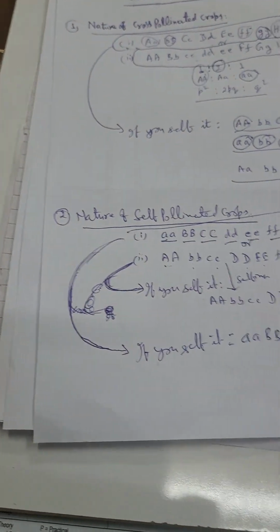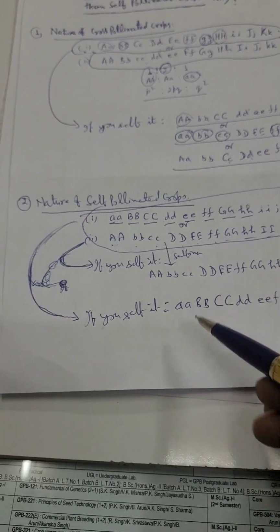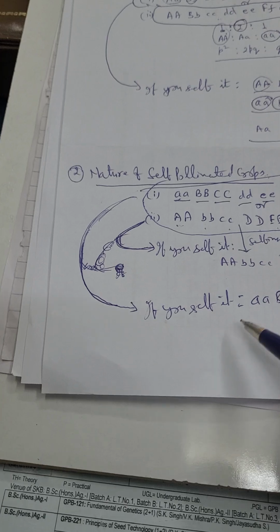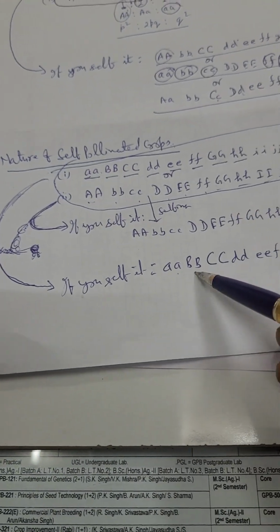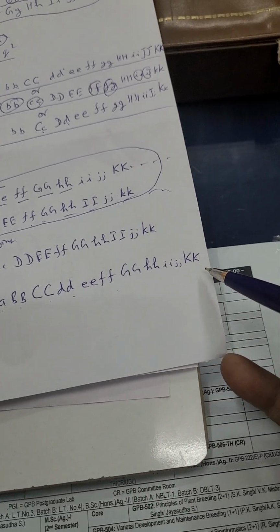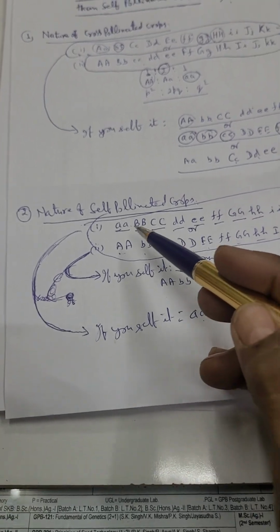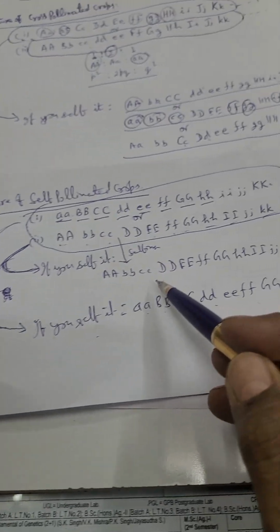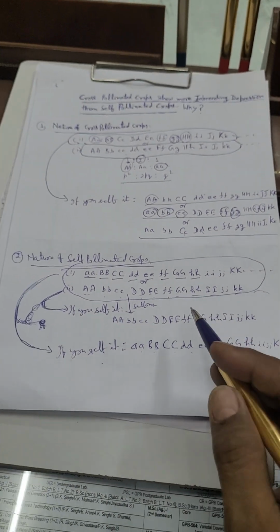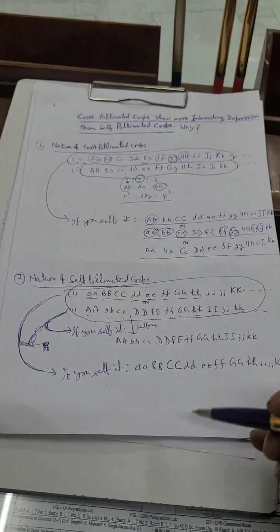This is the genetic architecture of self-pollinated crops. They are homozygous in nature. If you are selfing this, you are going to get the same. So where will the depression be? There is no reduction in anything in this genotype after selfing, and in this genotype also you are going to get the same. So there will not be any depression in self-pollinated crops, which are in homozygous condition.